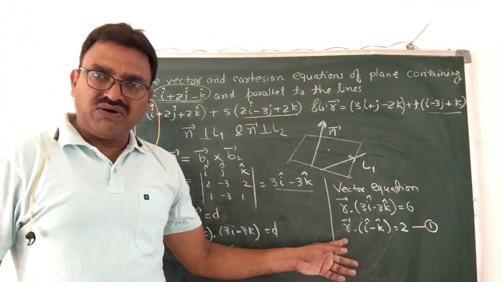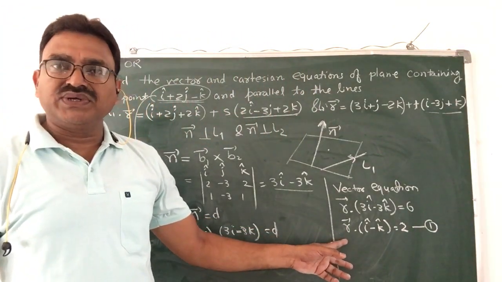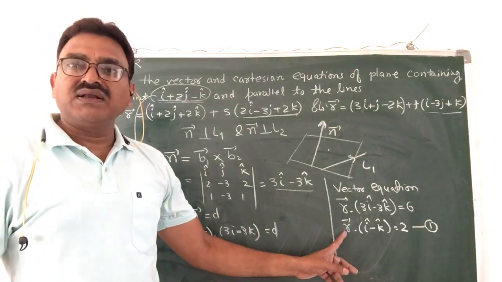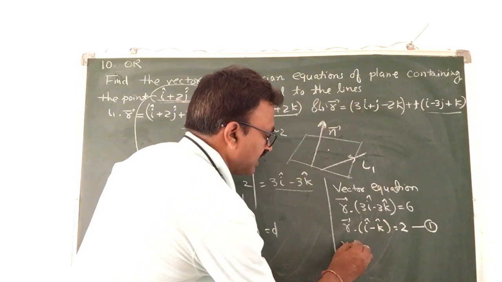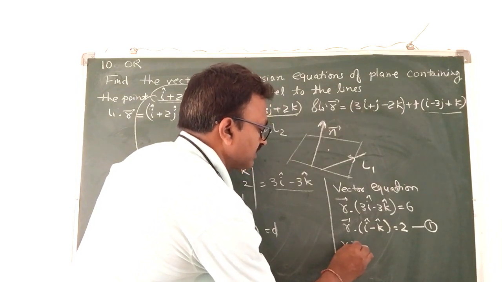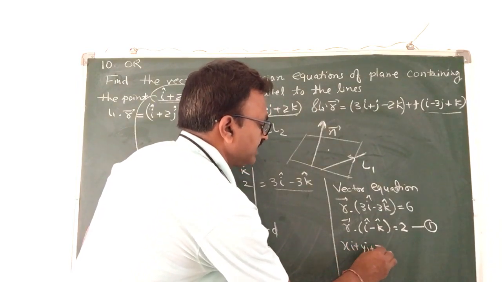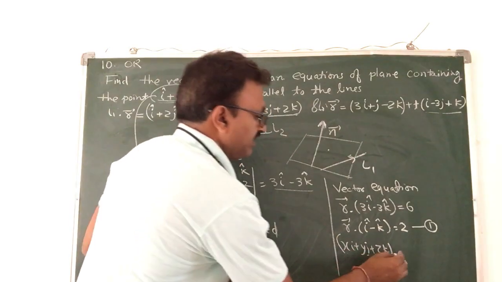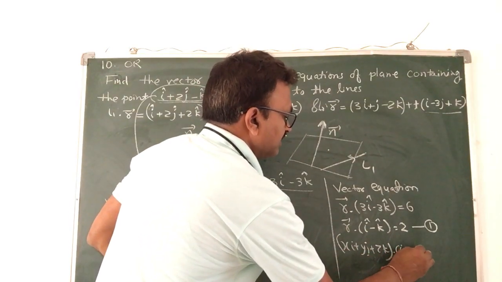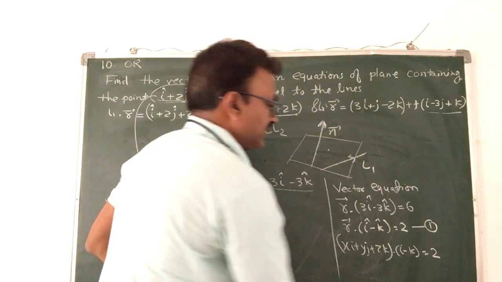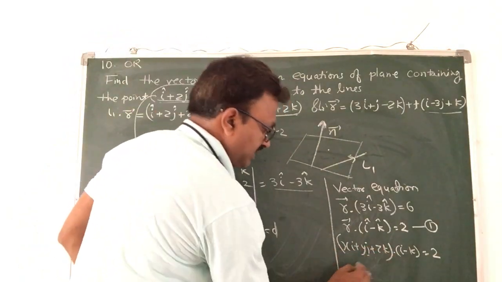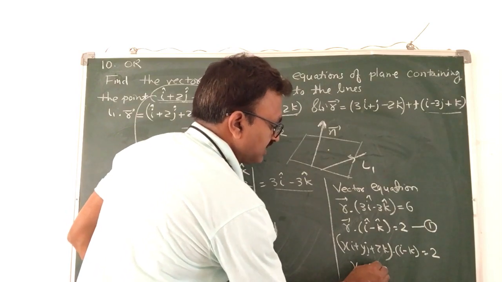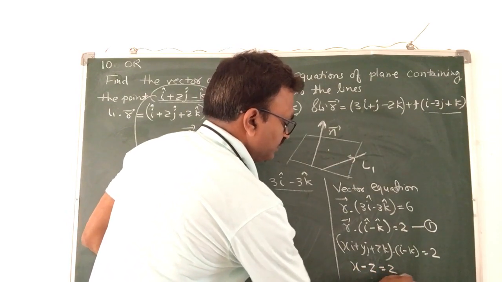And now we know how to convert it into Cartesian form. In place of vector r we write xi plus yj plus zk, and then the solution represents the Cartesian equation. After the multiplication, it will be x minus z is equal to 2.